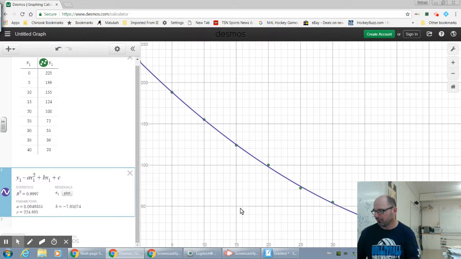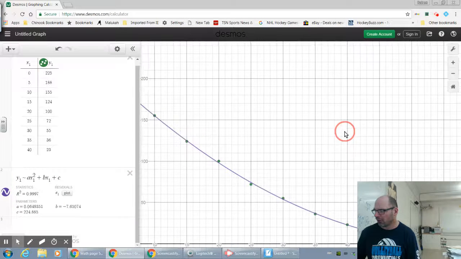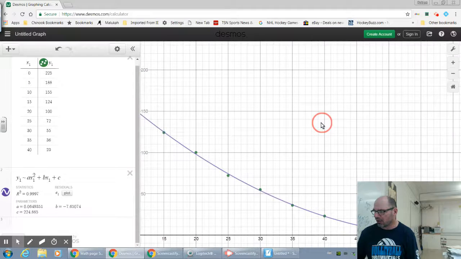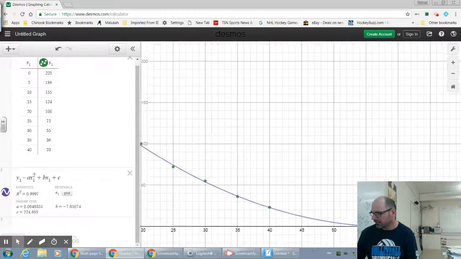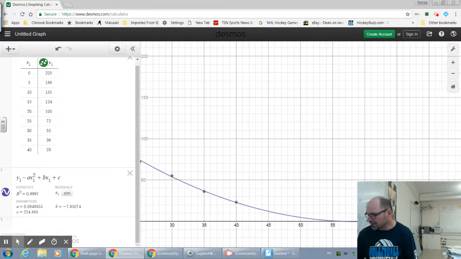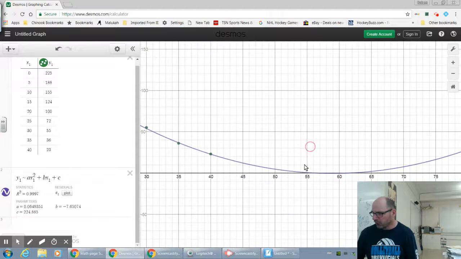All right, there we go. Okay, so we got to go over a little more on our graph. So what we want is to see when it hits the y-axis. Okay, when does it get to be 0 down here?